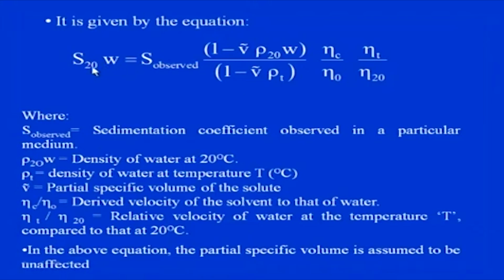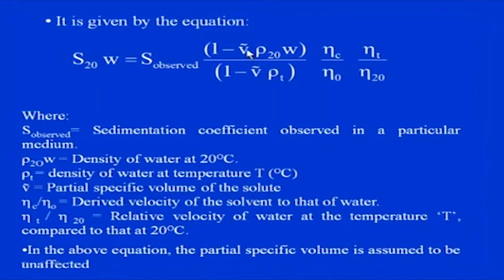So, when it is corrected for this, S 20 W, it should be for water. So, S observed, and then these parameters are taken to correct this, where you can see S observed is the sedimentation coefficient observed in a particular medium. Then this is rho, that is density of water at 20 degrees Celsius, then density of water at the particular temperature T you have taken. This is partial specific volume of the solute.